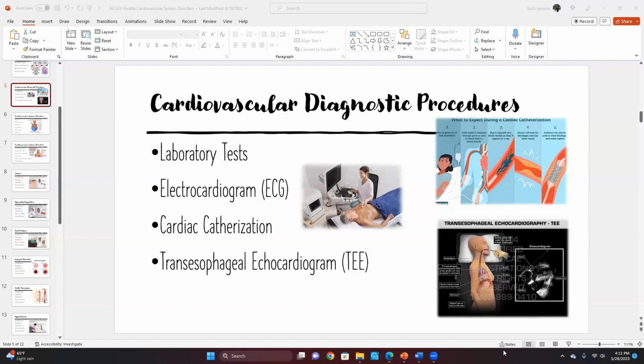The PT is most significant if your patient is on warfarin. We're also going to be taking a look at the INR, the BUN, and creatinine, and that is going to be reflective of kidney function, the BUN and the creatinine, okay?